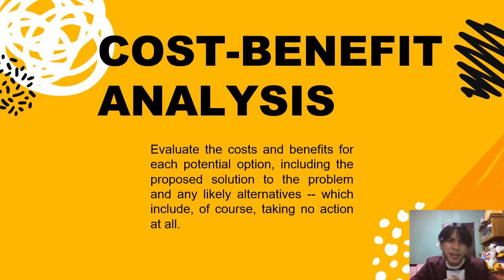So when we say CBA, or cost-benefit analysis, it involves measurable financial metrics such as revenue earned or cost saved as a result of the decision to pursue a project. So this is all about the expenses, the savings, and the earnings.